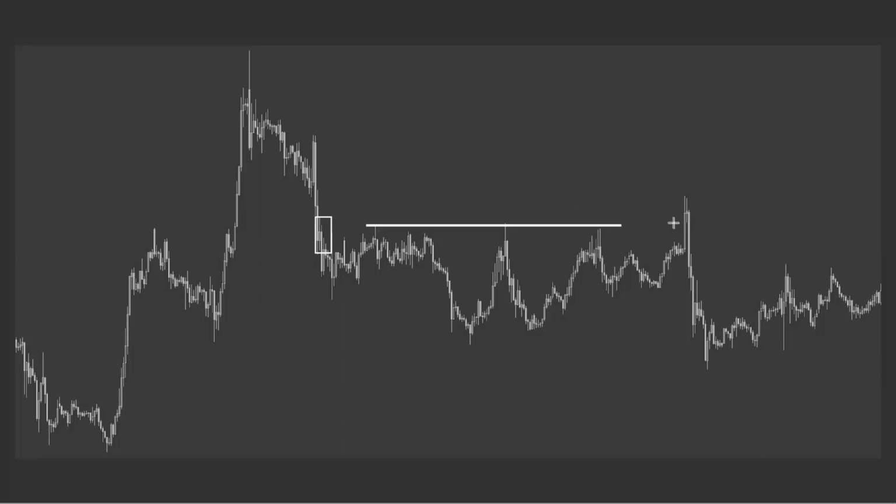And so, you know, many people will perceive this as what they'd call a stop run. And of course, stops do get triggered here, but all this is price reaching for liquidity. Okay.